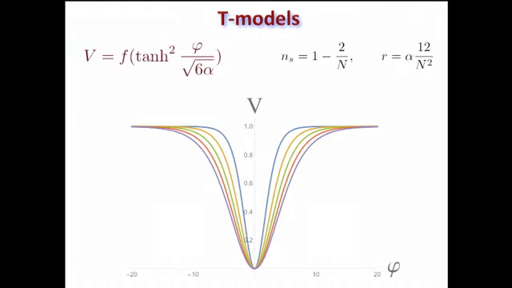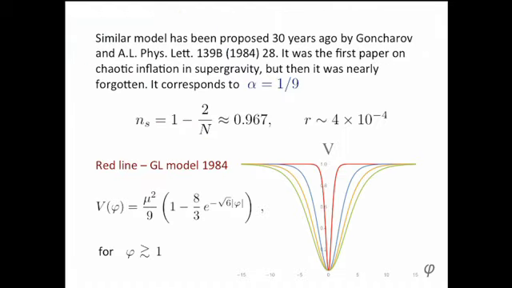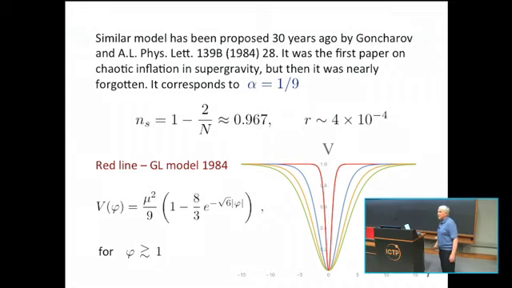Oh, okay, well, this was done, and here is the funny historical fact. When we discovered all of this set of models, I started looking whether anything like that was ever discussed before, and then I discovered my own paper with Goncharov of '84, which at that time, of course, we did not know was an alpha attractor.